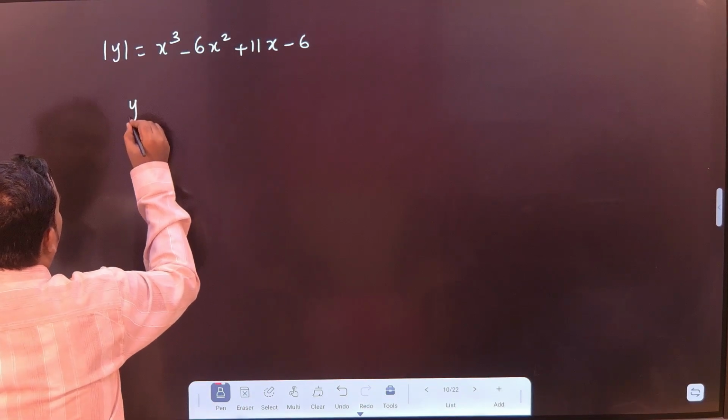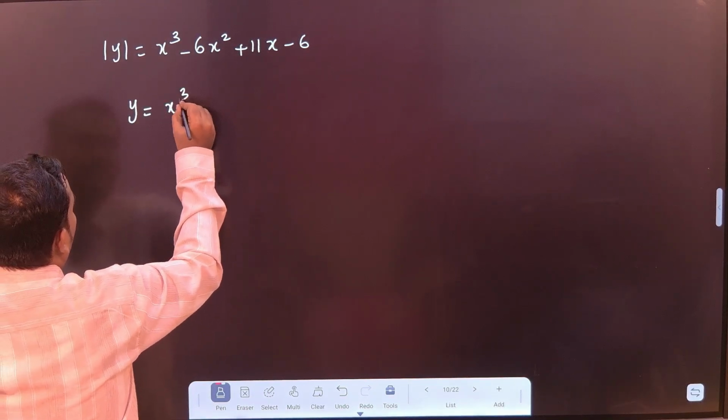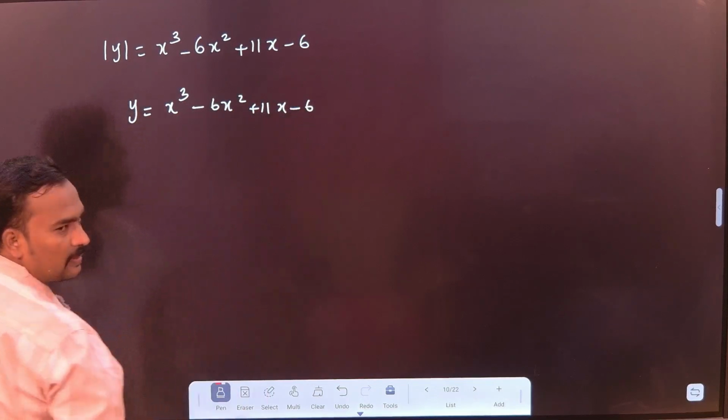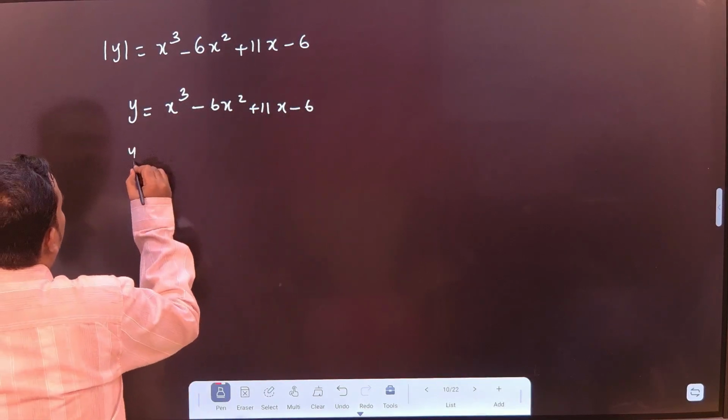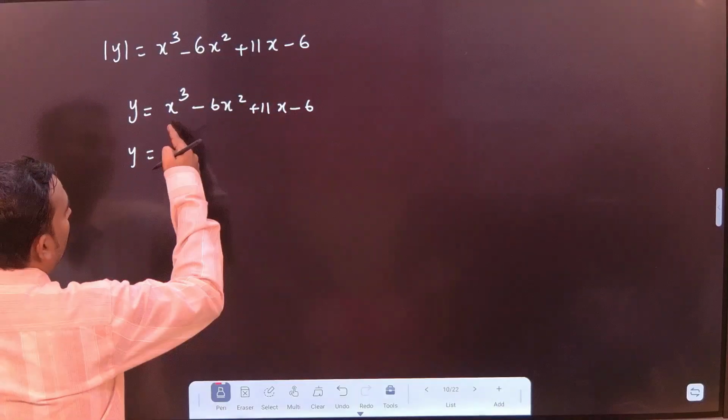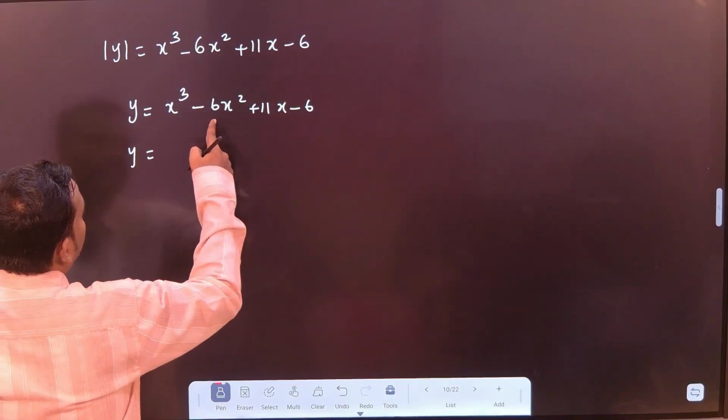So first you can take the reference graph, x cube minus 6x square plus 11x minus 6. If you factorize this, you can see the sum of the coefficients is 0. You add all the coefficients: 1 minus 6 plus 11 minus 6 gets 0.